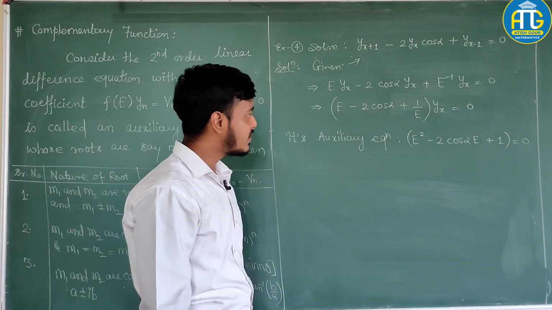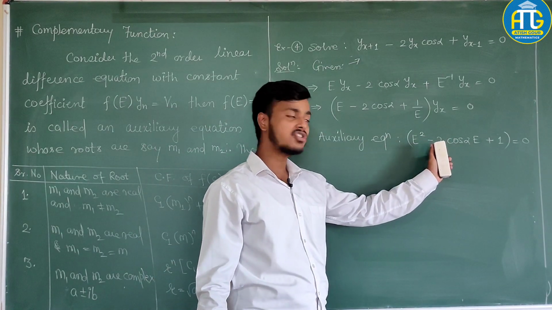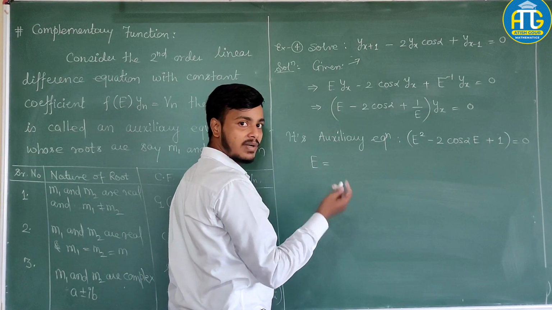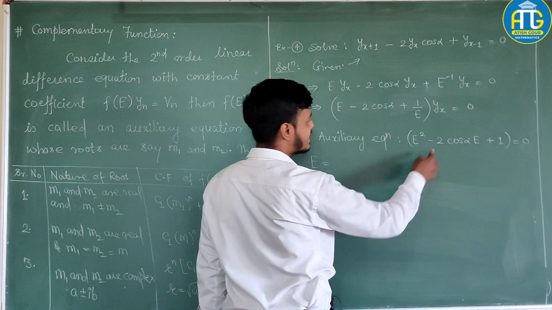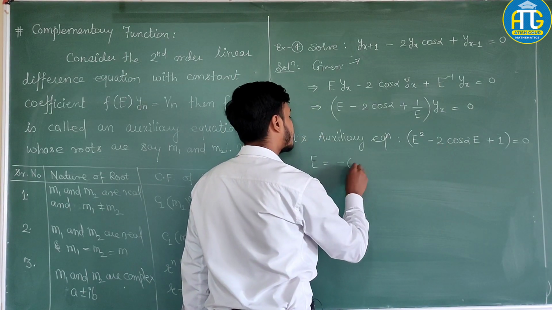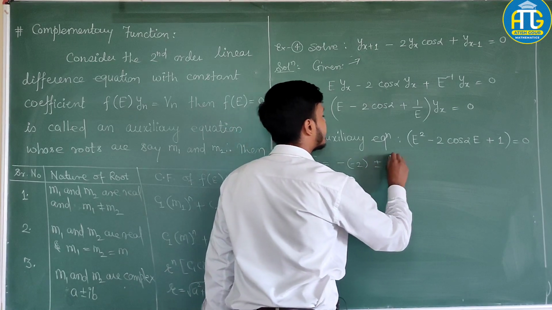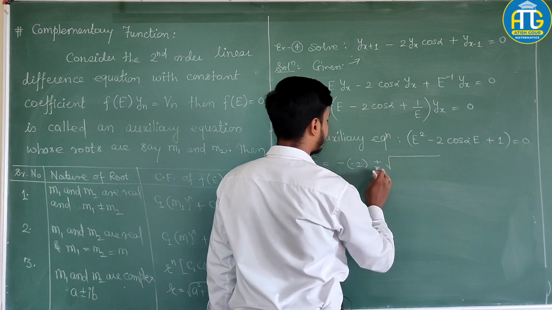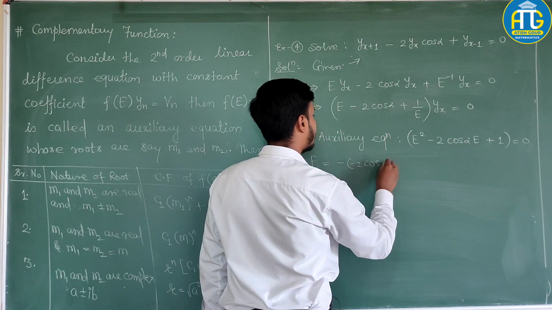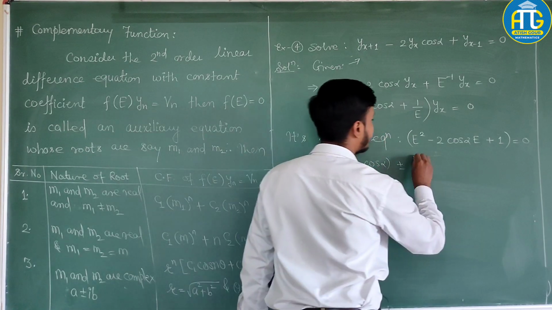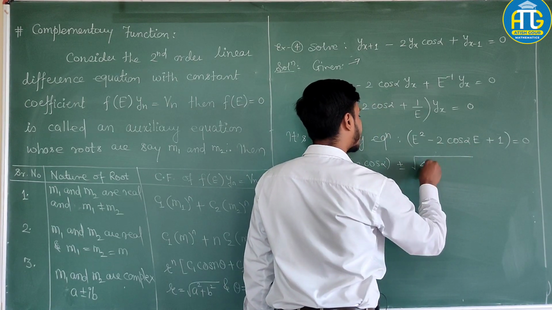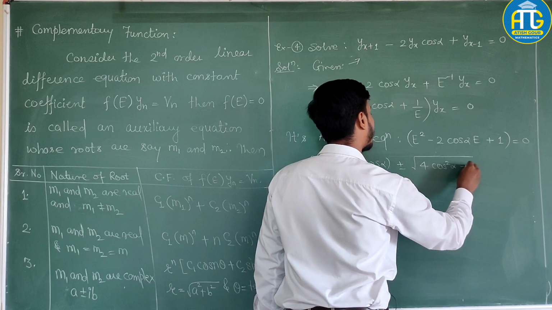So the basic way to find out the roots of the quadratic equation is the basic formula, minus b plus minus under root b square minus 4ac by twice a. So this is minus minus plus, plus minus under root. Oh sorry, this is minus minus 2 cos alpha plus minus under root b square. So coefficient of E is 2 cos alpha, whole square is 4 cos square alpha minus 4.